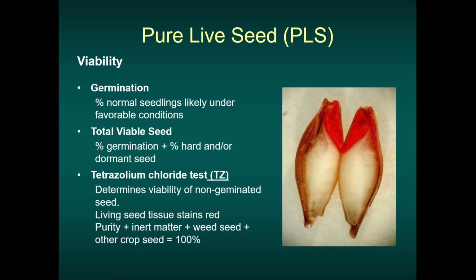You can have a special test conducted called a tetrazolium test, which stains a good healthy embryo red. And so if you look at all of the seed that is healthy and then subtract your germination, you can determine how much hard or dormant seed you have in the seed mix.